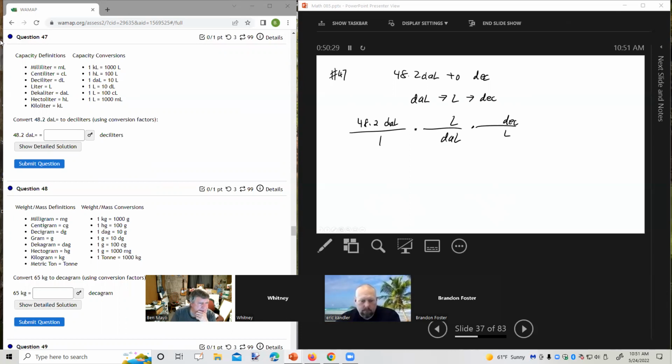So deciliters, 1 deciliter is 10 liters. So one of those is 10 of those. And then liters to deciliters, 1 liter is 10 deciliters. All right. Deciliters cross out, liters cross out, and we have deciliters.